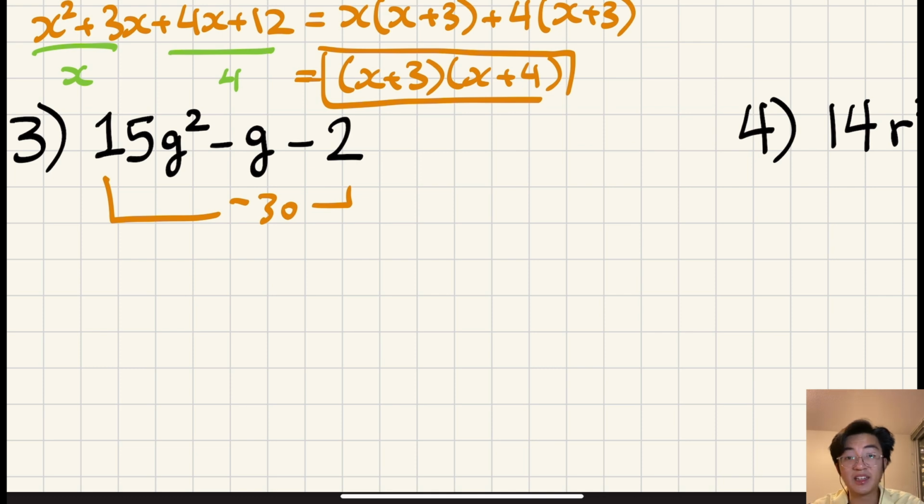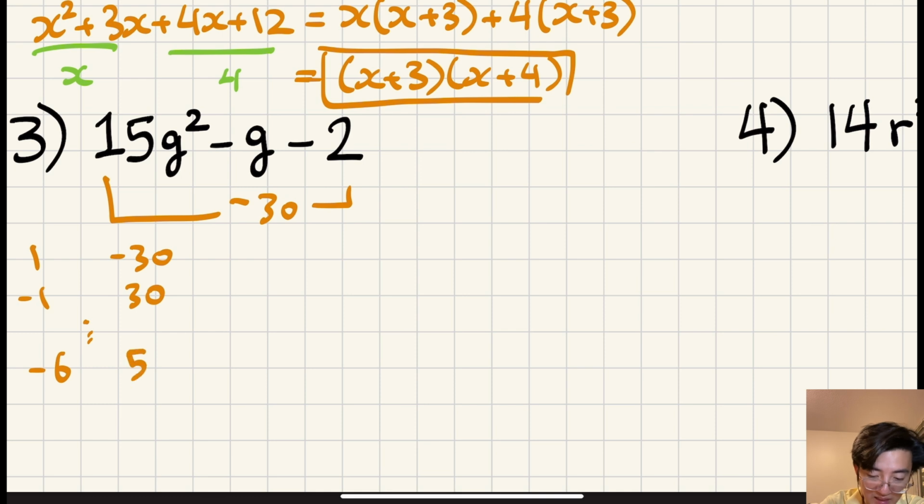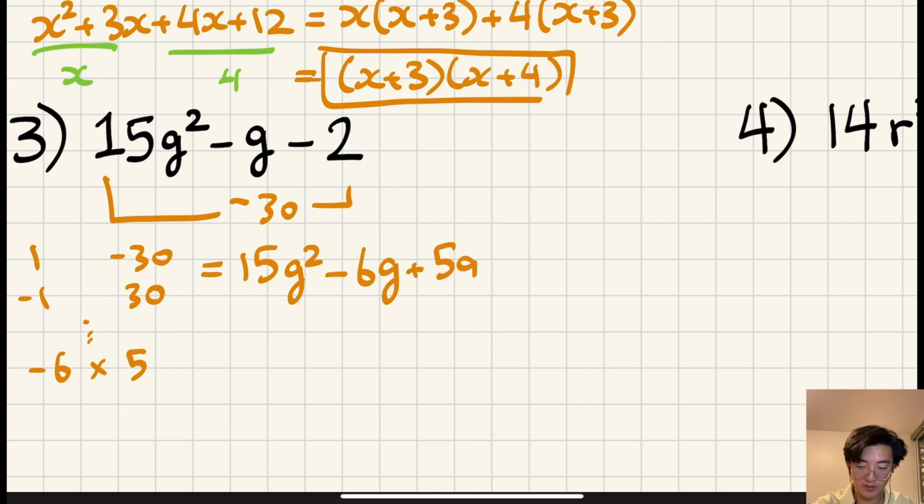Next, 15 times negative 2 to get negative 30 here. Once again, we list out all the factors of negative 30, like 1 and negative 30, negative 1 and 30, eventually we will get to negative 6 and 5. As we know, negative 6 plus 5 is negative 1, which is what we want. So we decompose this to minus 6g plus 5g minus 2.